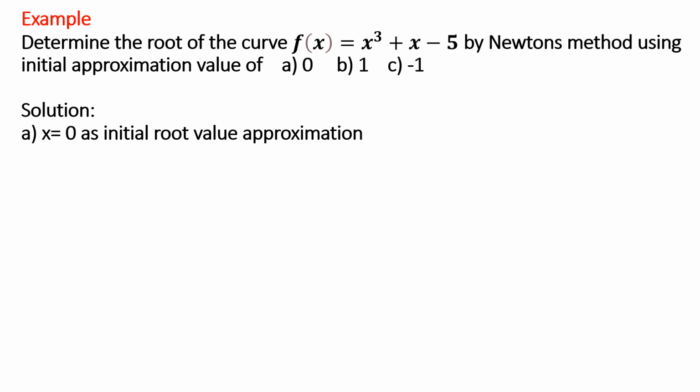So for iteration number 1, x sub 0 equals 0, your initial value for the approximation.